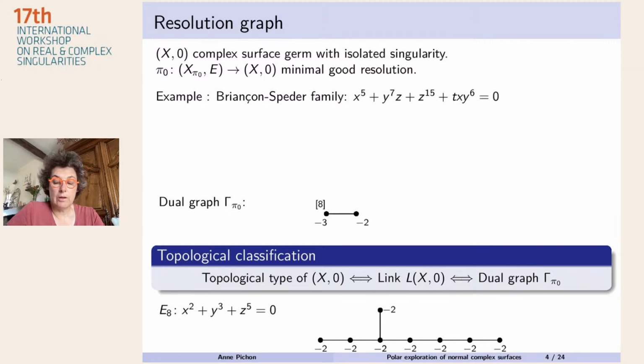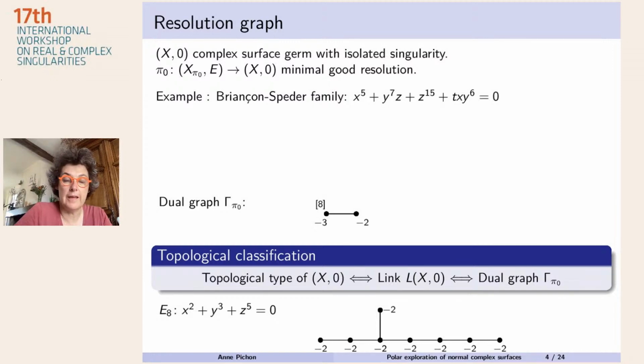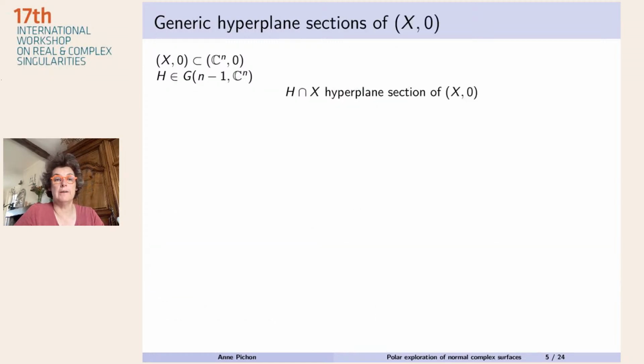And now I would like to add extra data, which is absolutely not of topological nature. I would like to add 2 natural families of curves on my complex surface germ. The first one is the family of generic hyperplane sections of X0.